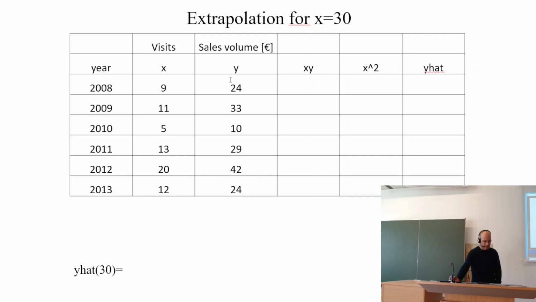Until now, we see my maximum number of visits was 20. And with this regression, I can make now a forecast what would be my sales volume when I make 30 visits. What do I have to do then?